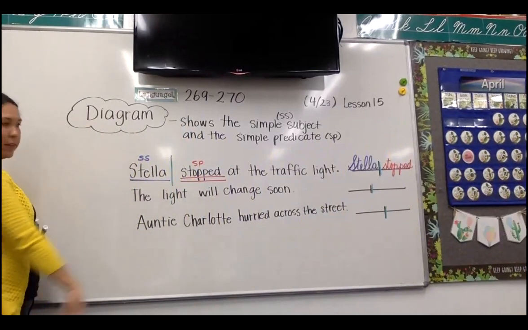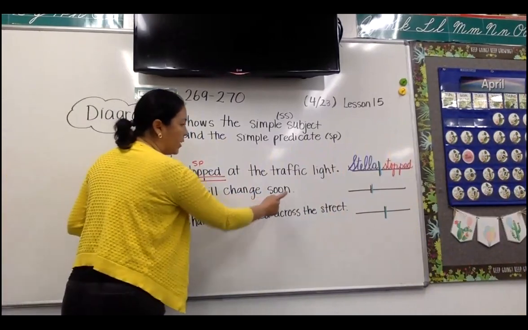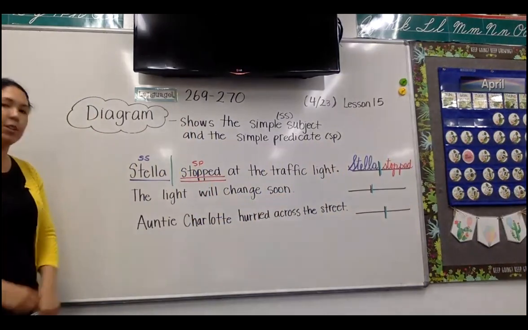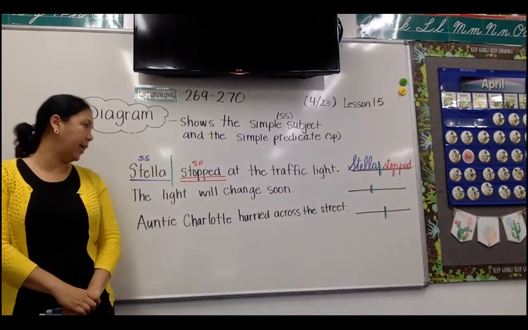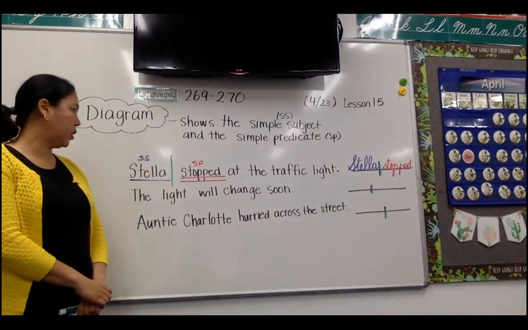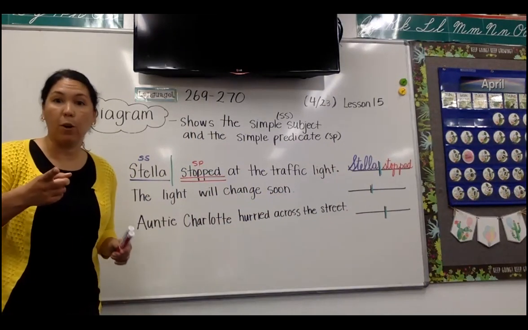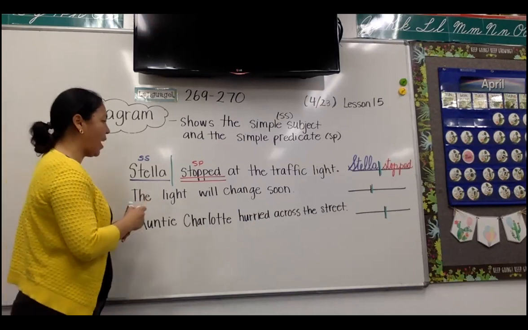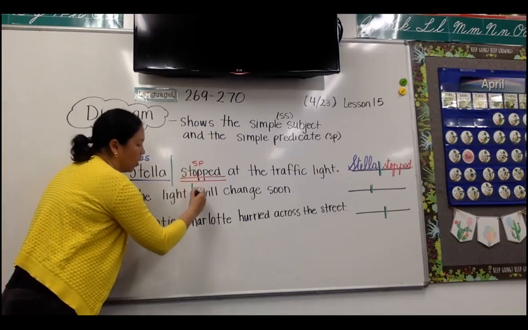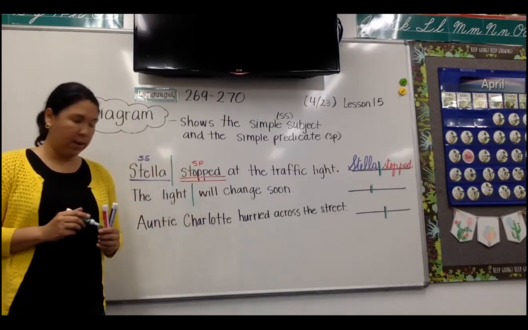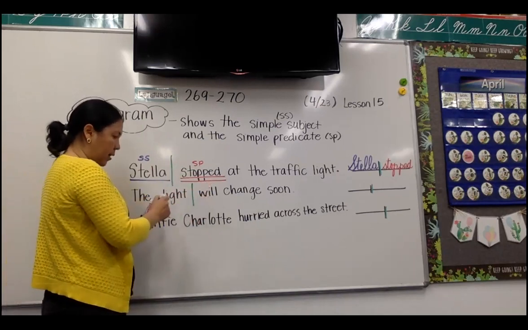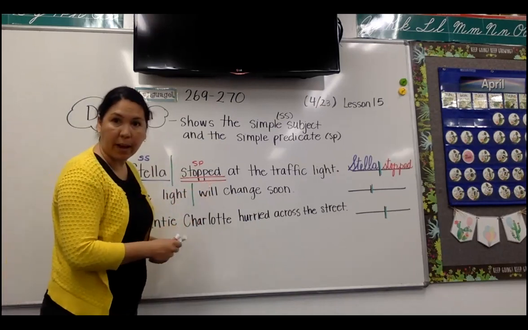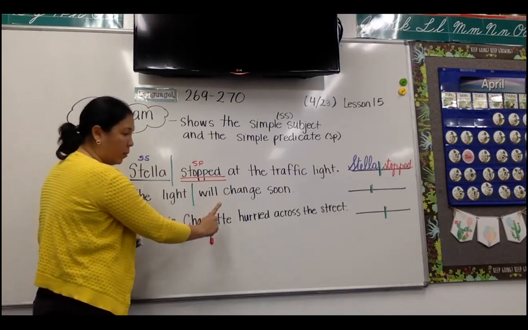Stella stopped at the traffic light. The light will change soon. Do you see an action here? The light will change soon. Or a linking verb, helping verb. Did you find it? Will, that's right. So I'm going to draw my line right there. So here is will, which tells me that's going to be my predicate, but let's look at what's after it.